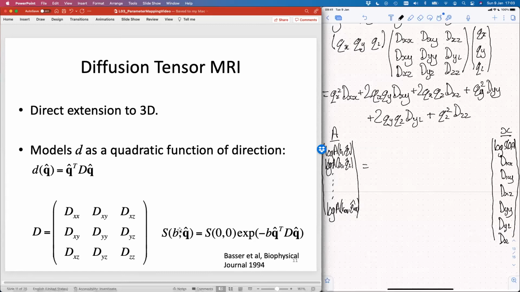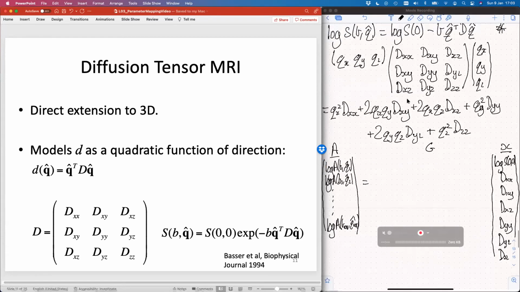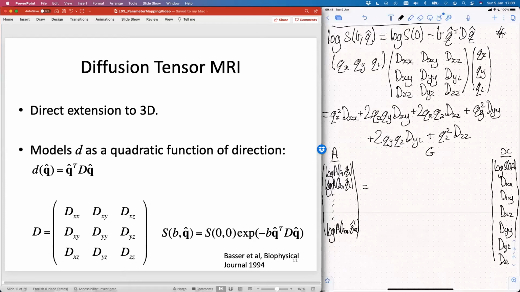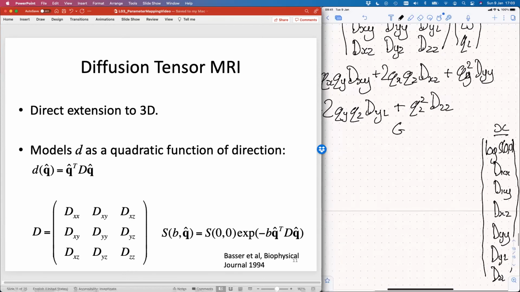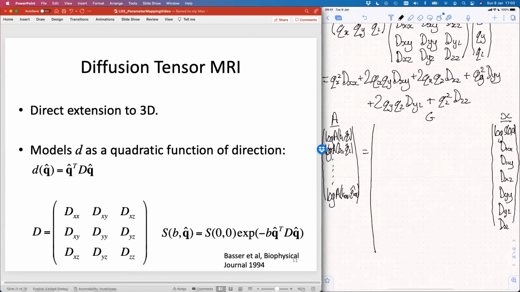And lastly, let's construct this design matrix, which we can do from this expression that we've just generated here. So we can see from up here that the coefficient of log S0 is simply 1. So the first column of our G matrix is, as before, going to be a big list of 1s, all the way down to the 108th 1.